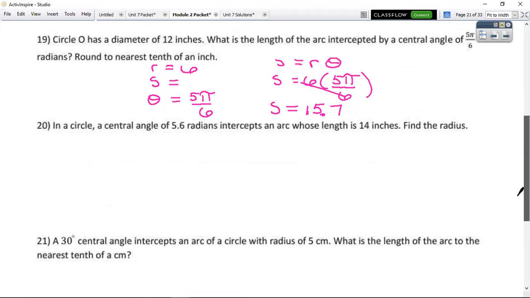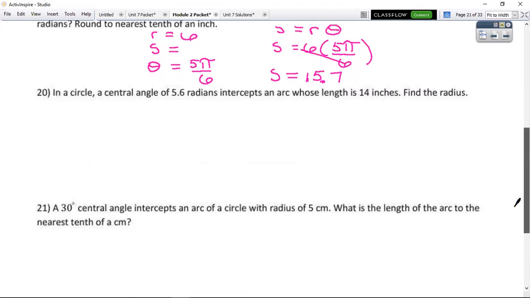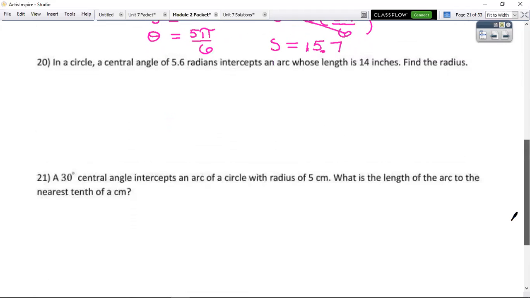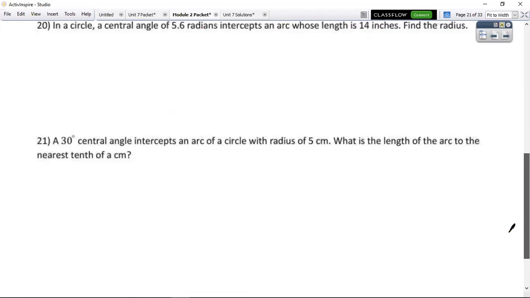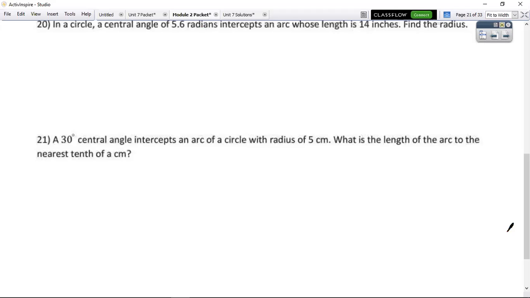And I want you to jump right down to 21, please. And why do you suppose we need to do number 21? You have to convert. Excellent. Wonderful observation. This is 30 degrees. That is a problem because theta has to be expressed in radians instead. So your first step is to convert.